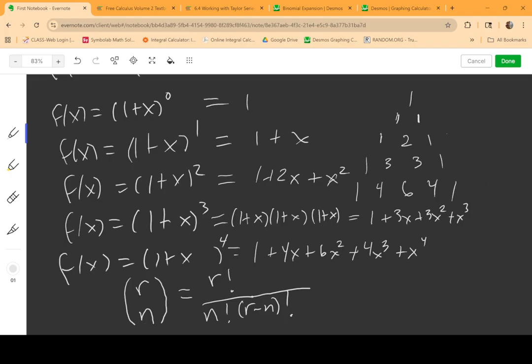Again, with these combinatorial operations, if you've ever taken a computer programming class, this should be something you've seen before: we start counting at 0. So the 0 row is here, the first row, the second row, the third row.